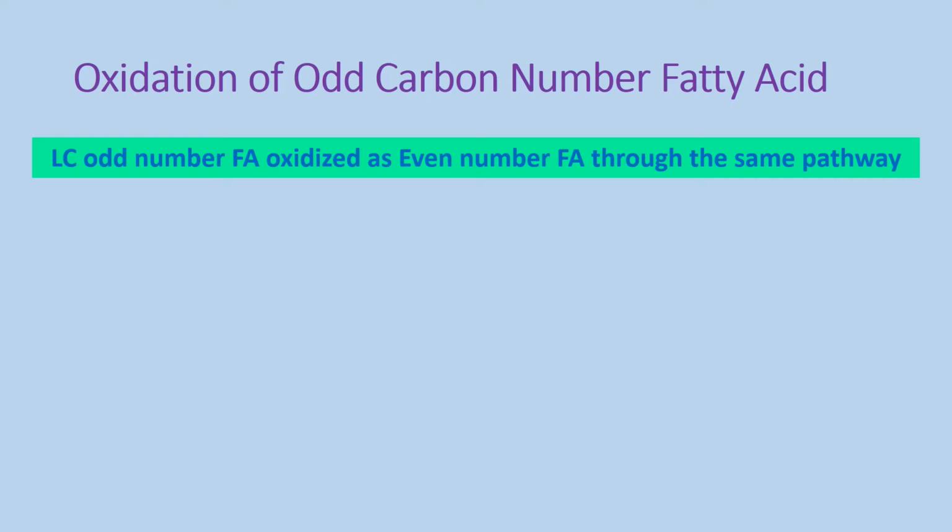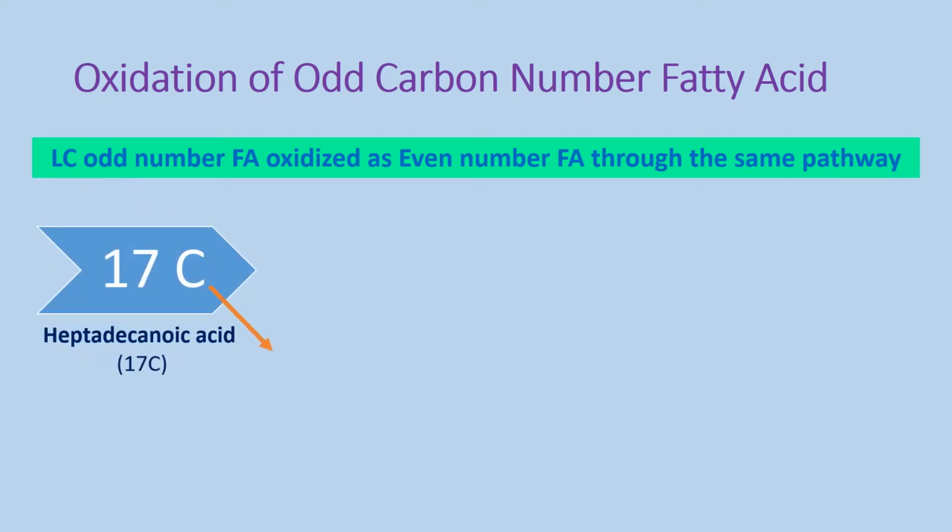So let us start with 17 carbon heptadecanoic acid. Heptadecanoic acid is a 17 carbon fatty acid. It undergoes the same beta oxidation process, and that releases acetyl-CoA.